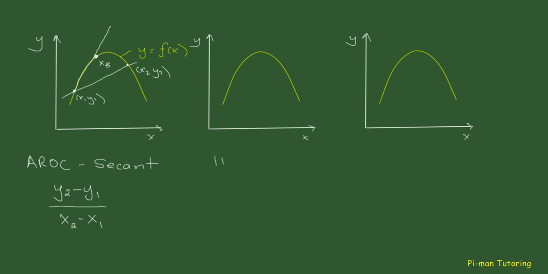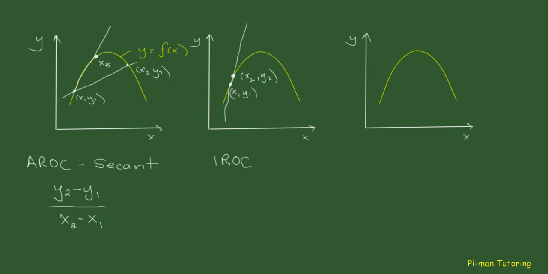We introduced the concept of instantaneous rate of change. And here we said, well, let's consider x1, y1, and let's choose x2 to be very close to x1. And now when we draw the secant, we're getting pretty close to the tangent to the function.